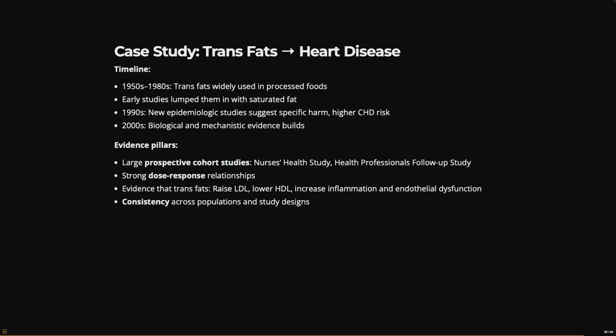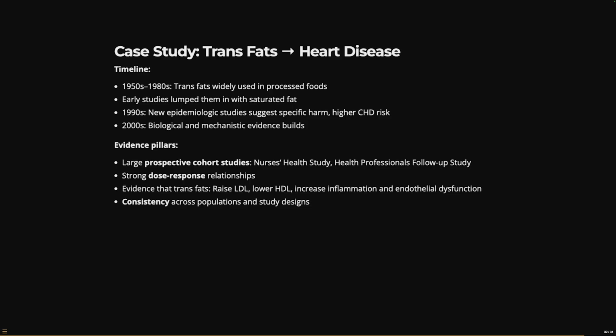And in the 2000s, there were more biological and mechanistic studies done on these types of fats. But this was all built on large prospective cohort studies, like the Nurses' Health Study, Health Professionals Follow-Up Study.